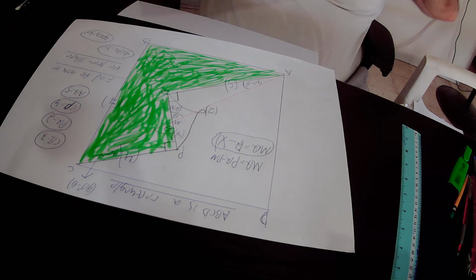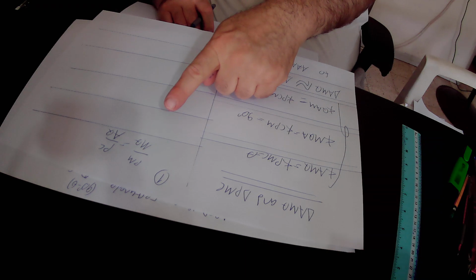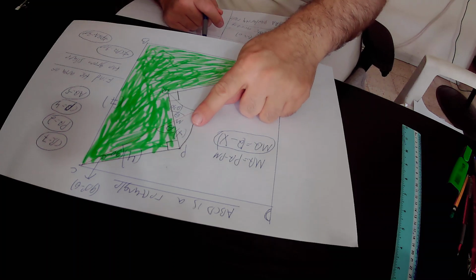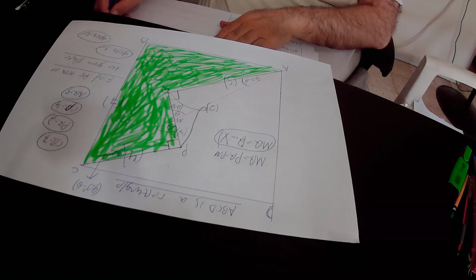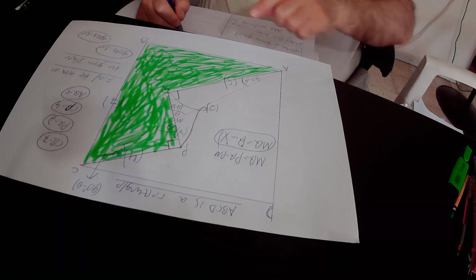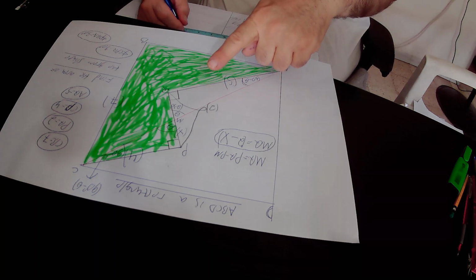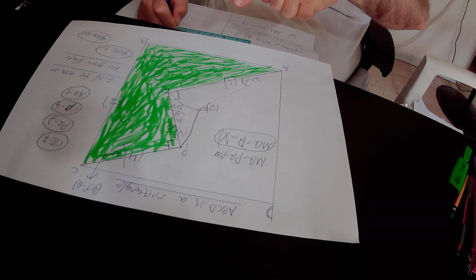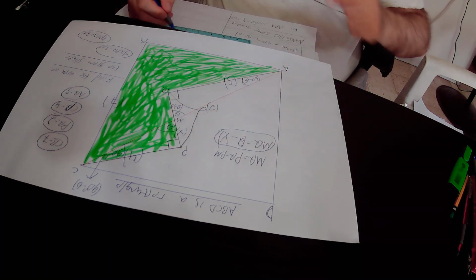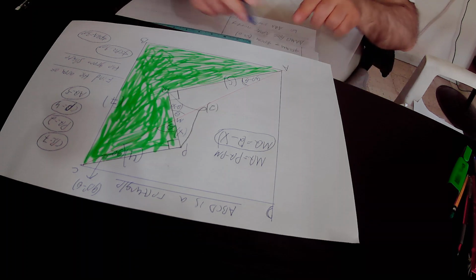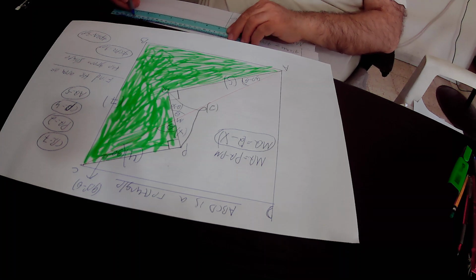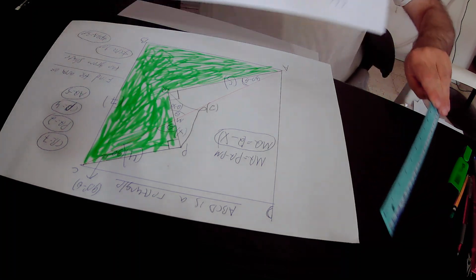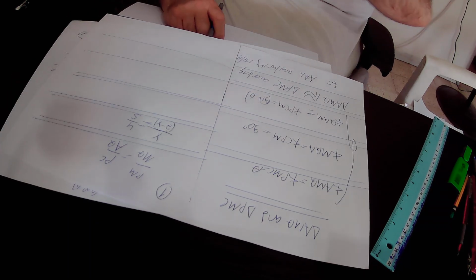Repeat again: PM over MQ equals PC over AQ. PM equals x according to our definition, over MQ, where MQ equals 2 minus x, and it equals PC, which is 4, over AQ, which is 5. In conclusion, x over 2 minus x equals 4/5.